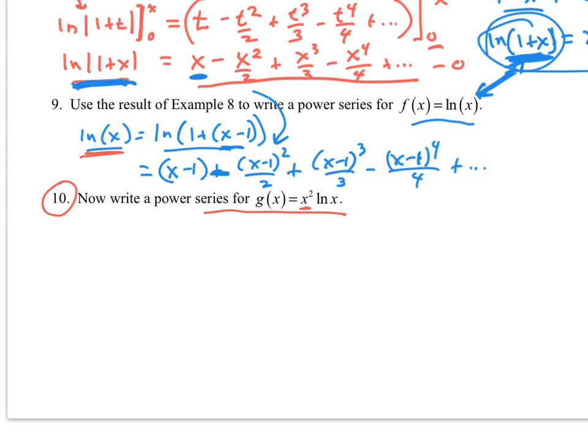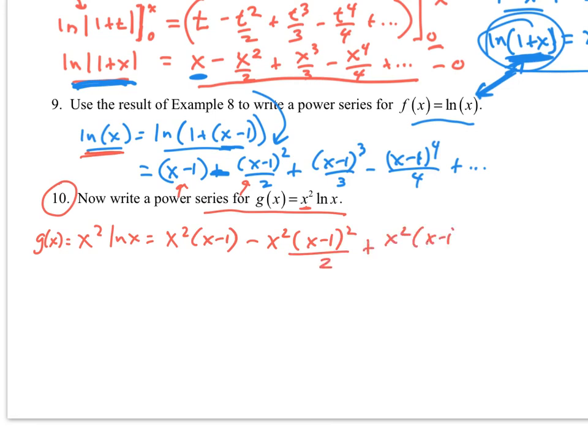That's a distributive property. So if I have x squared, this is g of x, equals x squared ln x, that's just going to be equal to, take each one of these terms and multiply by x squared. So it's going to be x squared times x minus 1, we're contorting, minus x squared times x minus 1, quantity squared over 2, plus x squared times x minus 1 cubed all over 3, and so on.